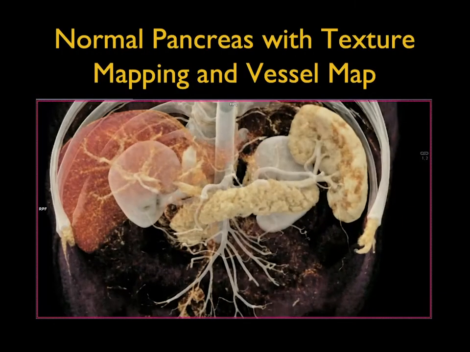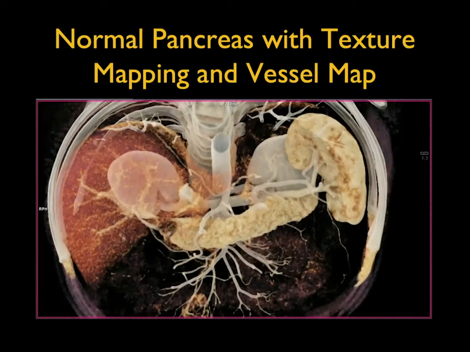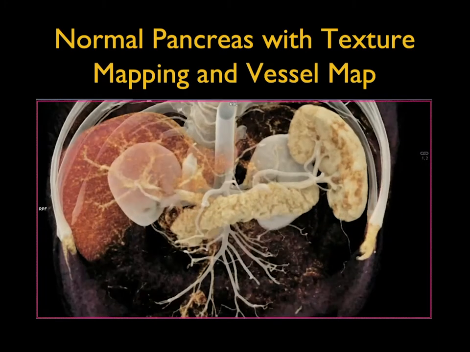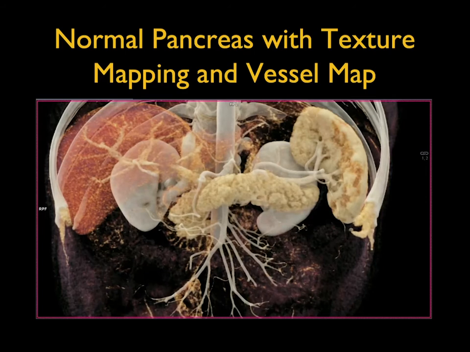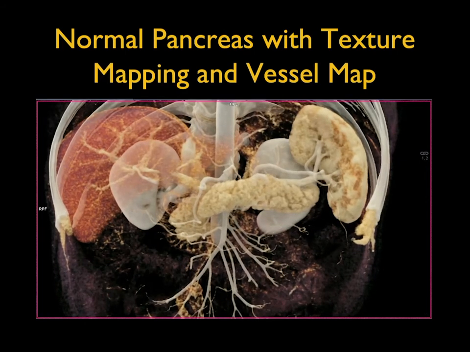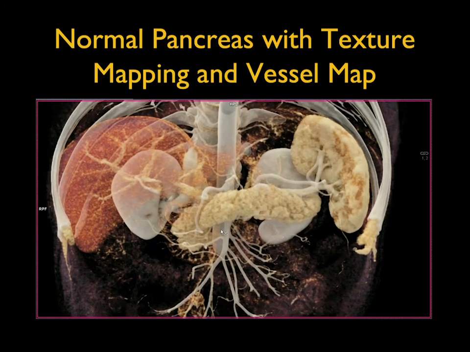Or in this example, again, scarring in the spleen, the textural changes in the pancreas, very nicely shown, the relationship of the celiac and SMA and of the GDA.